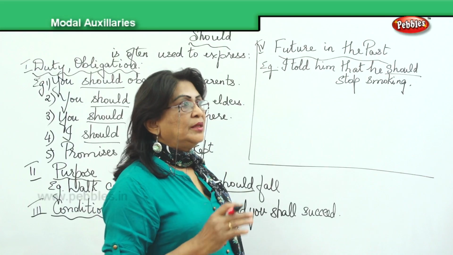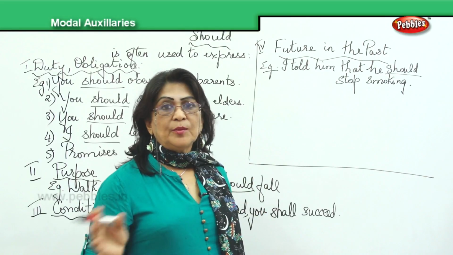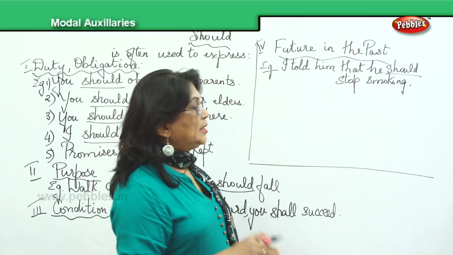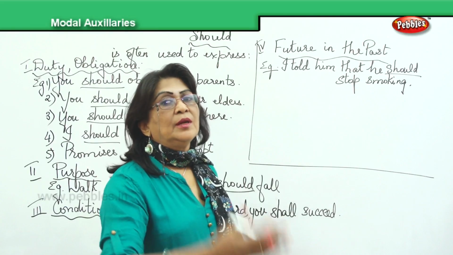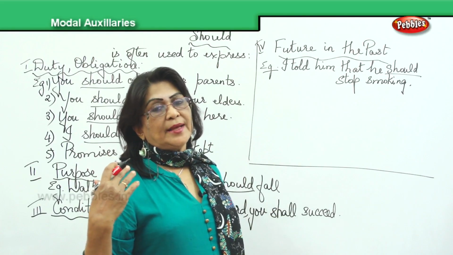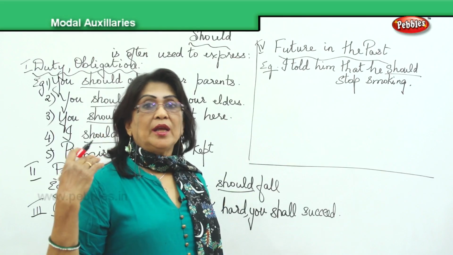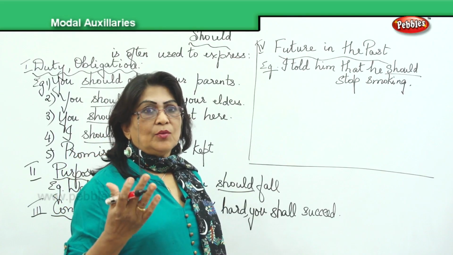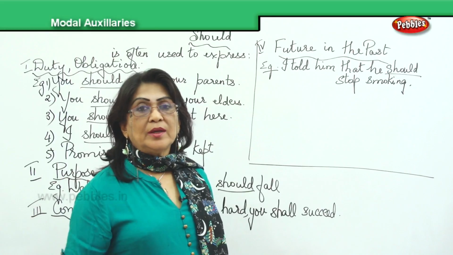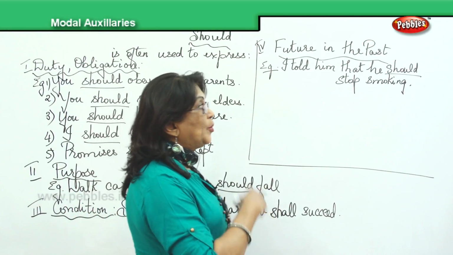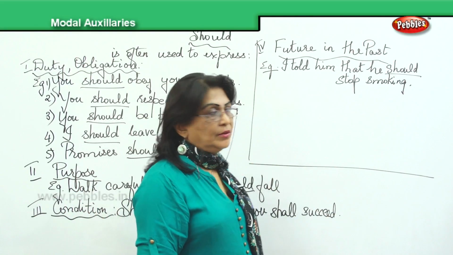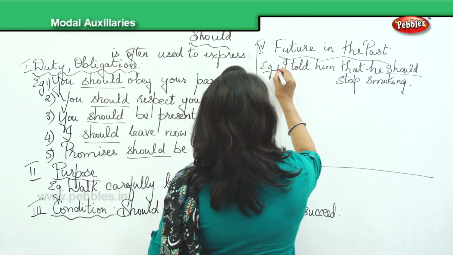I told him that he should not carry all the books. That is a future. He is denoting the future action, but he is using the past tense. That is, I told him. That is what has happened, what he has spoken in the past. He spoke about the future. This is one example.